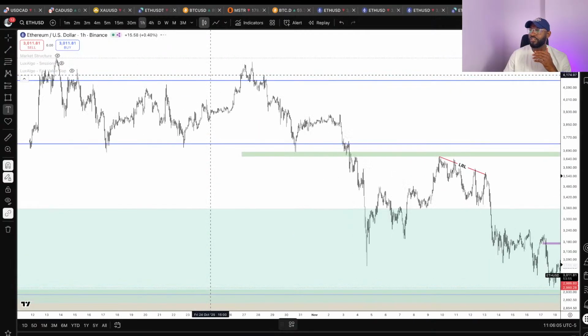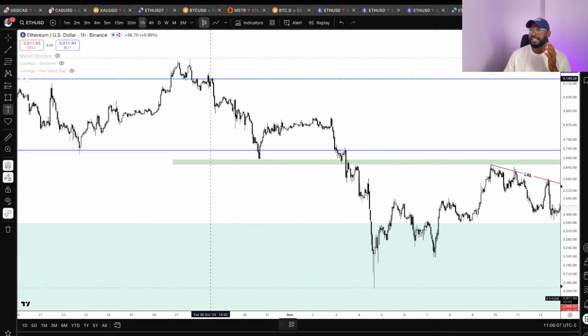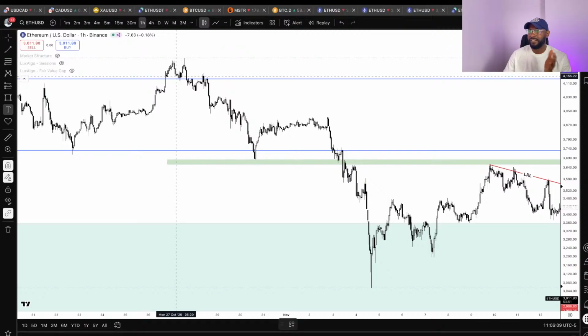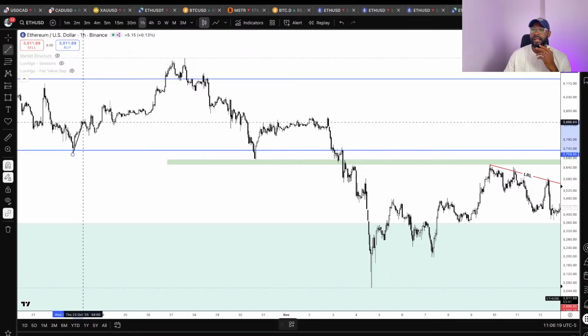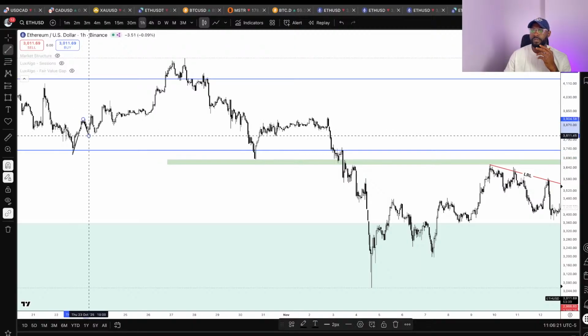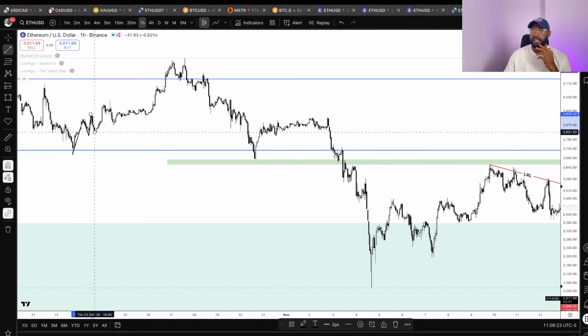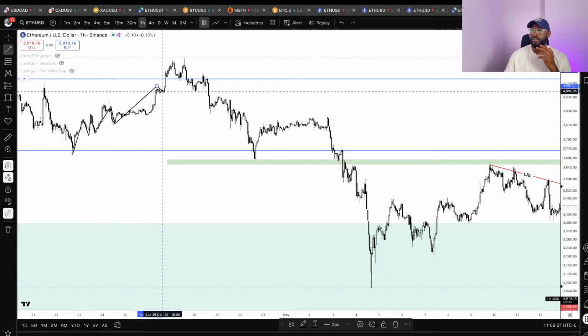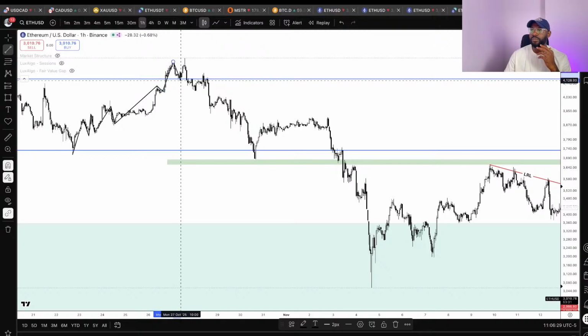I think it's just you understanding that these two are basically very similar to each other. The only difference is just the fact that this is the higher time frame and this is the lower time frame. So for example, you can basically see how price is going to the upside here, creating higher highs and higher lows, a higher high, a higher low, and then this higher high, a higher low, and then rallied, created a higher high, a higher low, higher high, higher low, and a higher high.